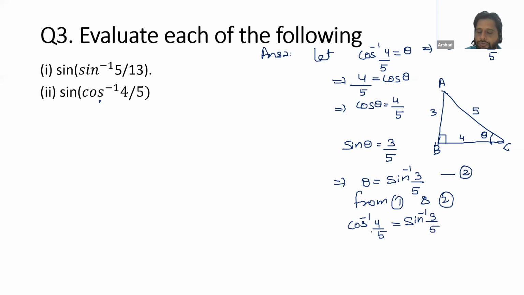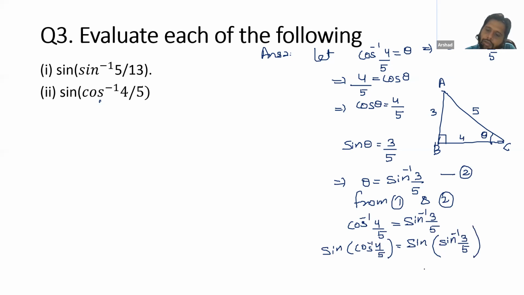So now in the question sine cos inverse 4 by 5, in place of cos inverse we can write sine inverse 3 by 5. Now you can say that this is 3 by 5. This is a very good method to convert an inverse ratio into another form.